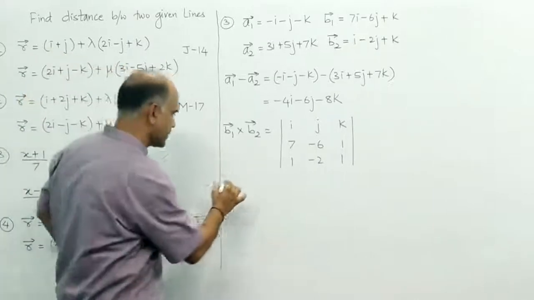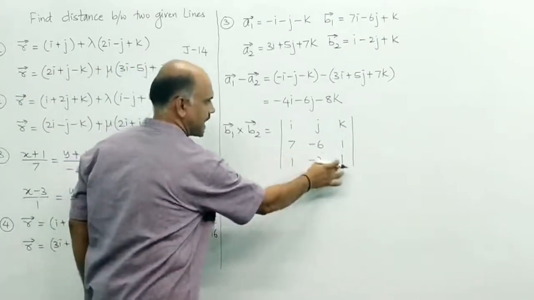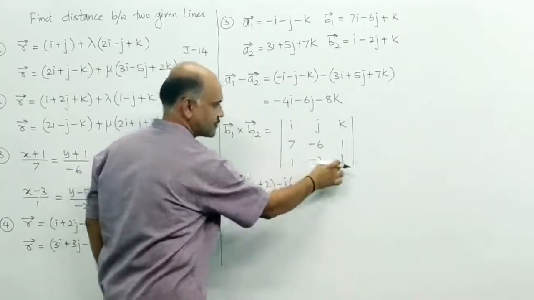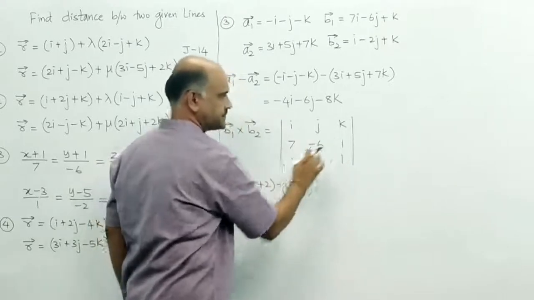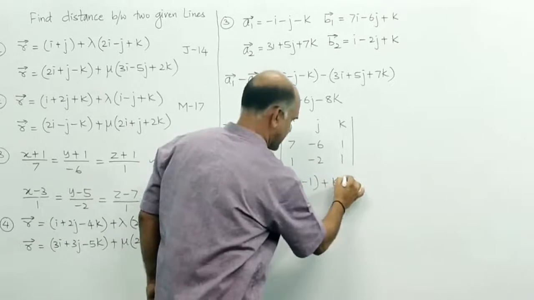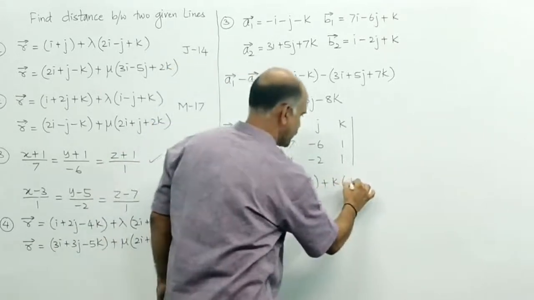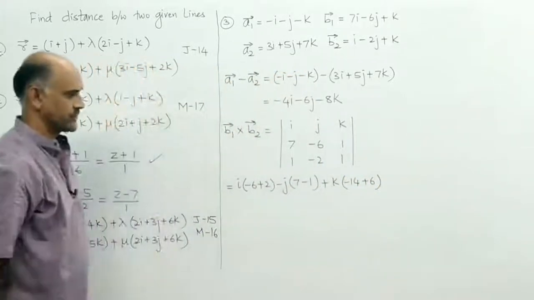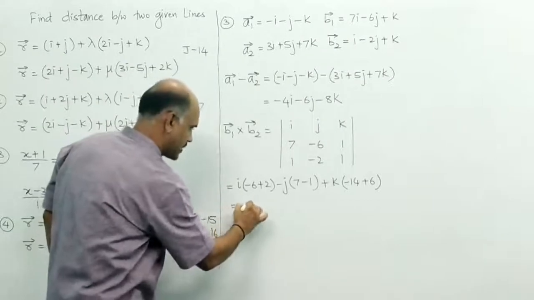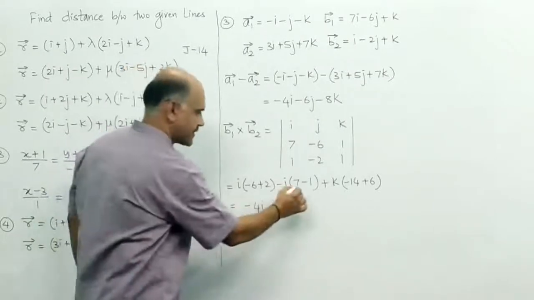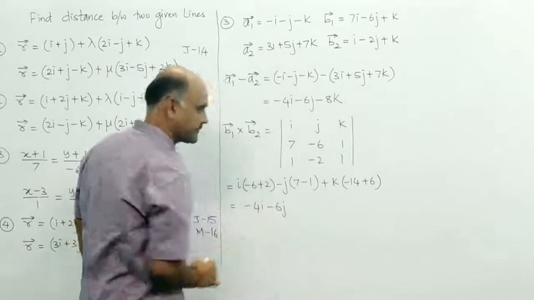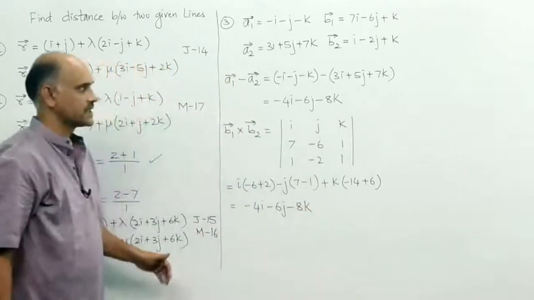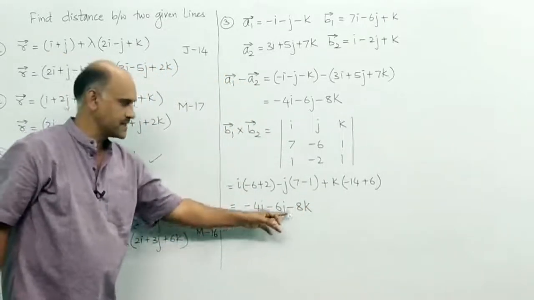So if you expand, you will have I into bracket minus 6 plus 2, minus j into bracket 7 into 1, 7 minus 1, plus k into bracket 7 into minus 2, minus 14 minus 6, means here you will have minus of minus plus 6. So if you simplify, you will have minus 4i, 7 minus 1 is 6, minus 6j, minus 14 plus 6 will be minus 8k. Clear students? Minus 4i, minus 6j, minus 8k.